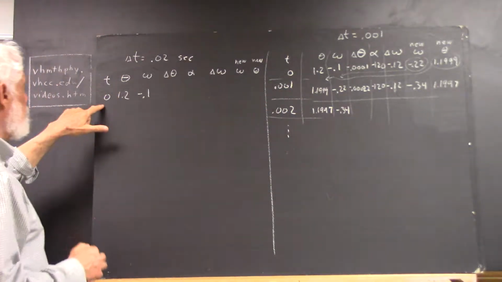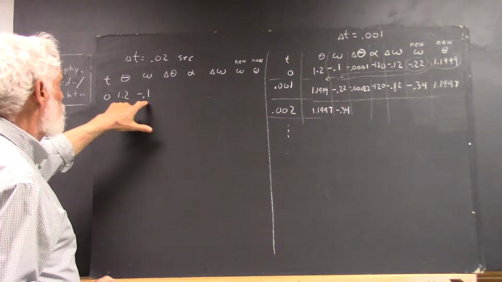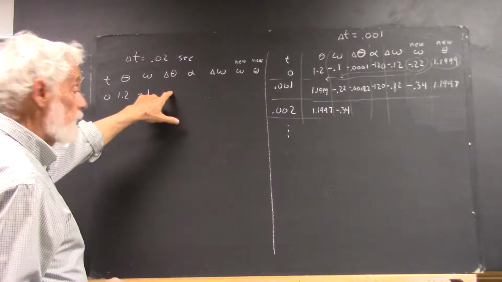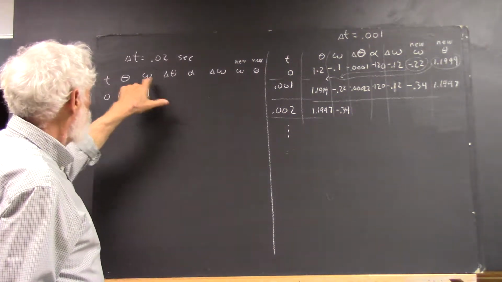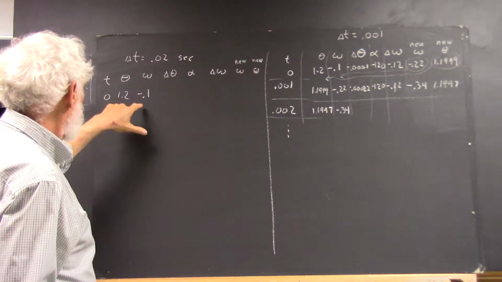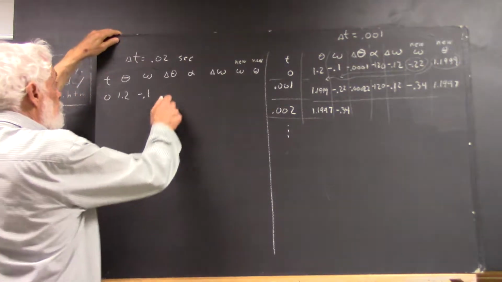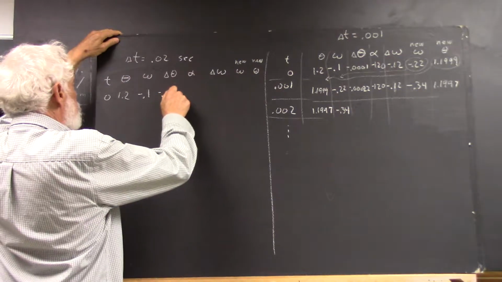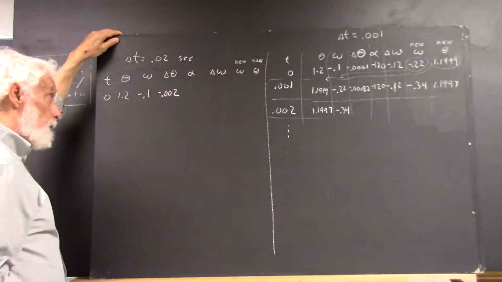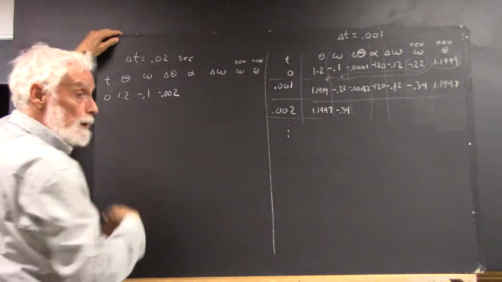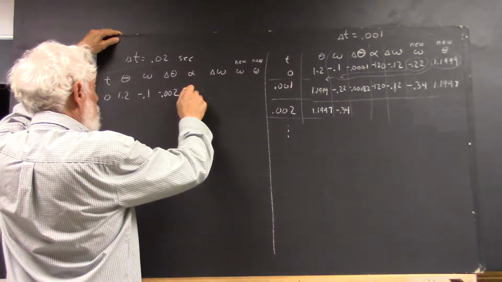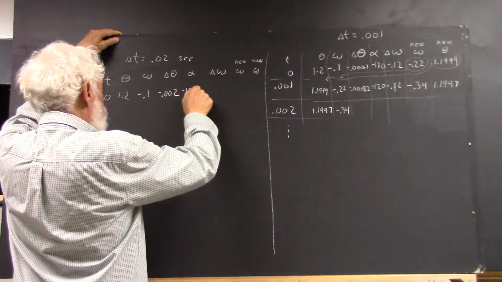So if t is 0, theta is 1.2, omega is -0.1, what's our delta theta going to be? Well, it's going to be omega times delta t. -0.1 times 0.02 is -0.002. Alpha, we're going to take theta and plug into the definition. We're going to get about -120.